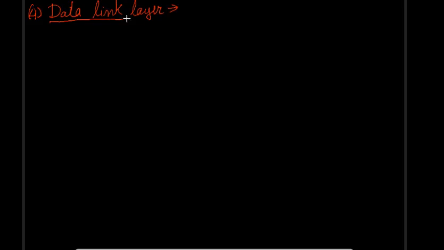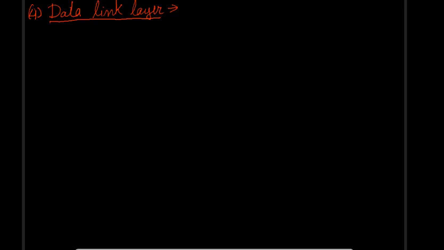So what is the data link layer? The main use of the data link layer is to provide the error-free transfer of data frames from one node to the other node over the physical layer, right? So you can say that it's responsible for the node to node delivery.